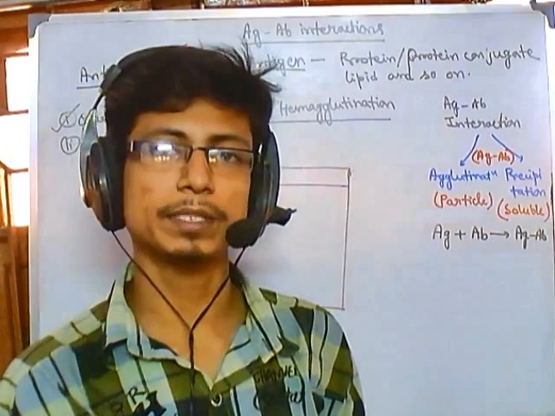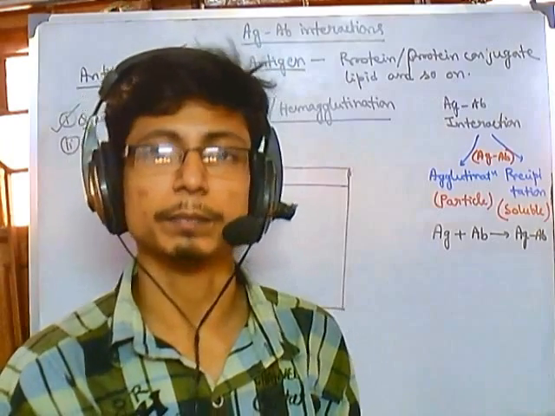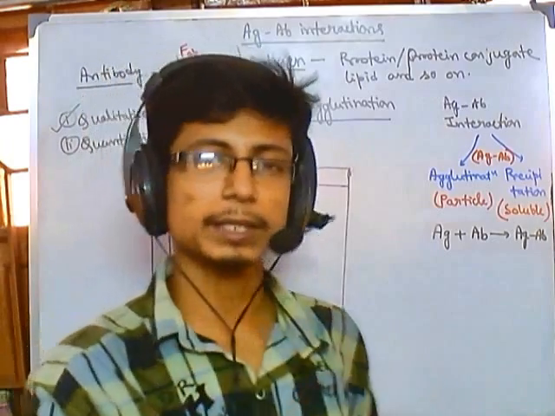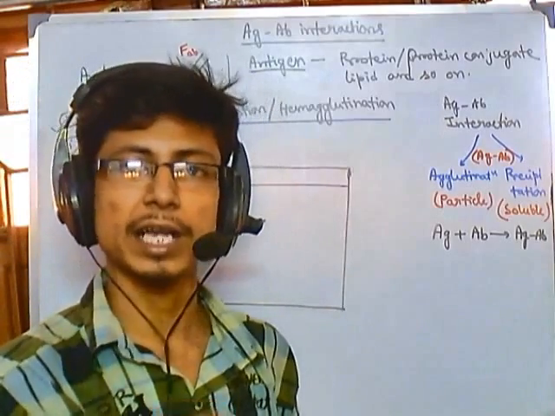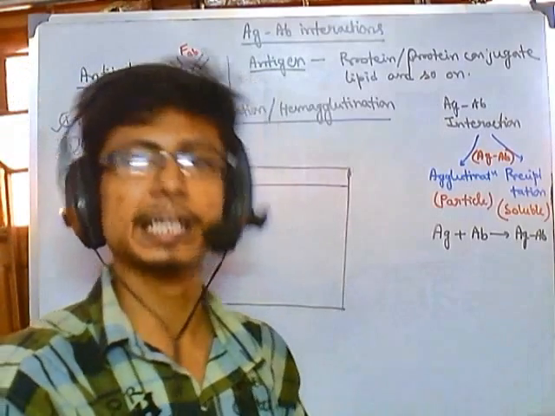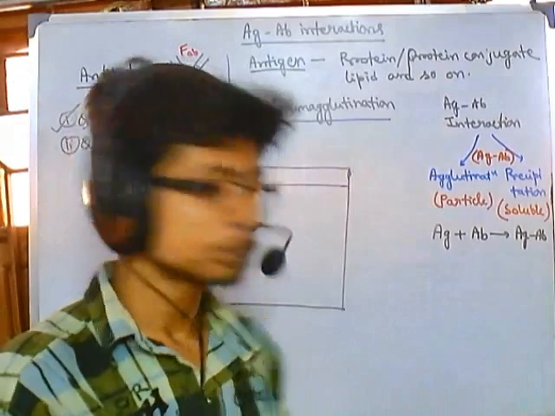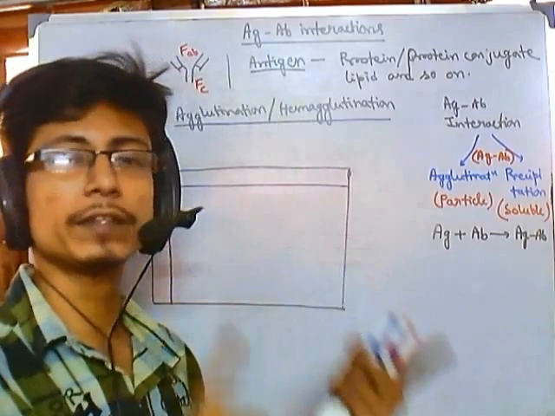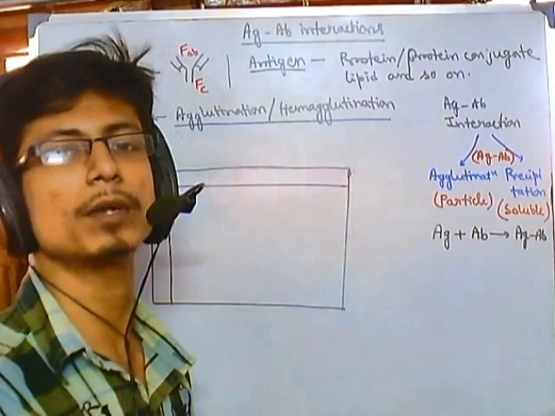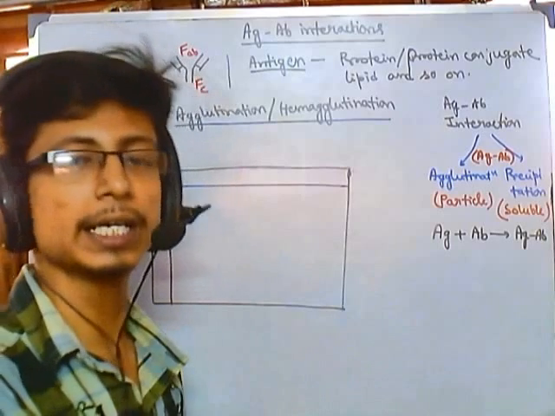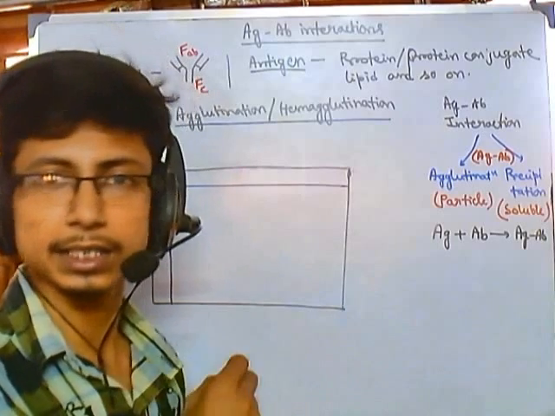The body must be making antibodies. So if we take blood from that diseased patient, we must have antibodies raised against that particular antigen, right? We don't know what kind of infection he has, but definitely his body has generated some amount of antibodies to fight against that antigen, right?